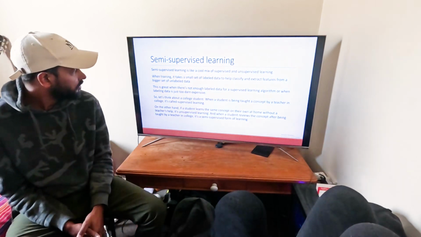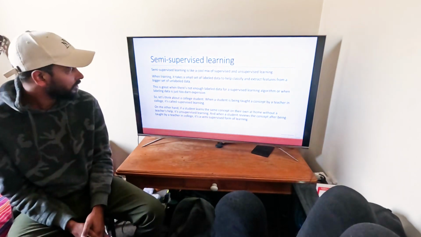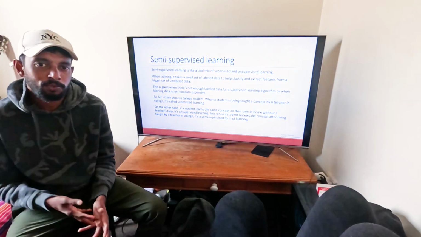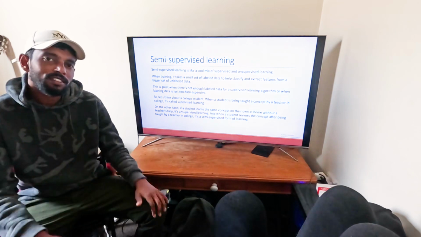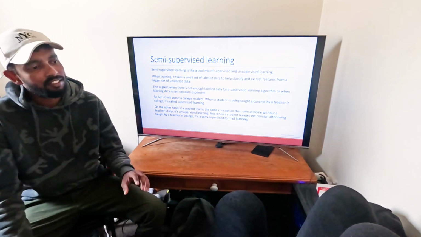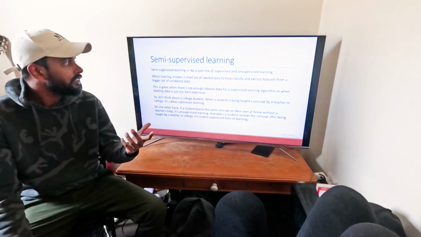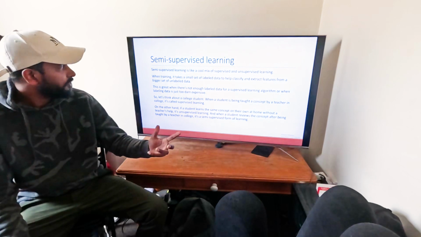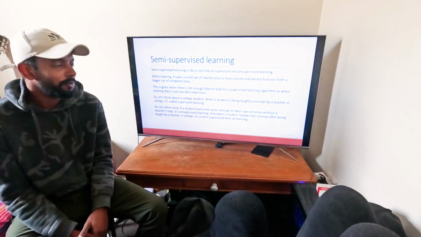And the next one is semi-supervised machine learning. Semi-supervised machine learning is a cool mix of supervised and unsupervised machine learning methods. When training, it uses some labeled data, and it helps to classify and extract features from a bigger set of unlabeled data.